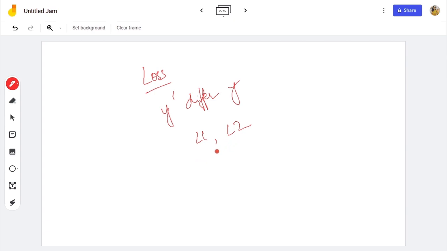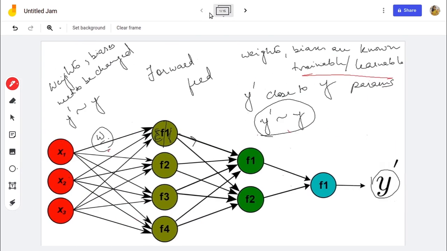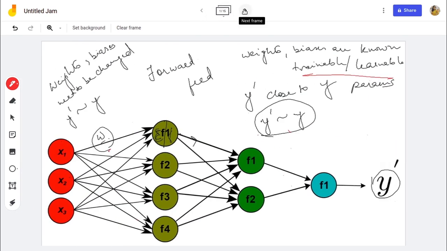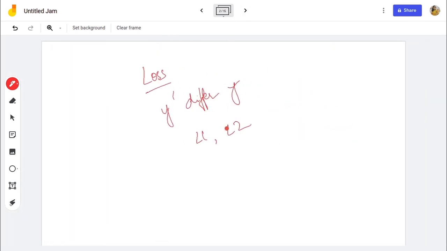There are many more losses. We will come across this later on. But yes, so we have this loss. For a good model, we need to have the predicted value close to the actual value. That means we have to have very low loss.